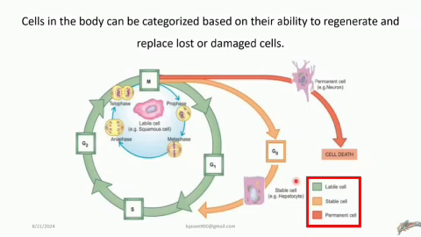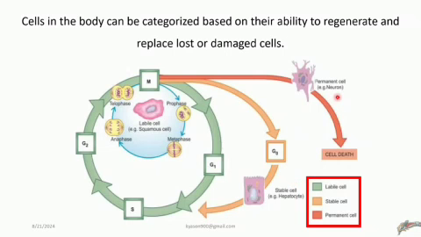For example, if part of the liver is, let's say, removed, let's say you're told to donate part of your liver to someone, the remaining part of the liver, the cells in the remaining part of the liver have the capability to divide and replace the resected portion of the liver or the lost part of the liver. Okay, so that makes the liver unique.